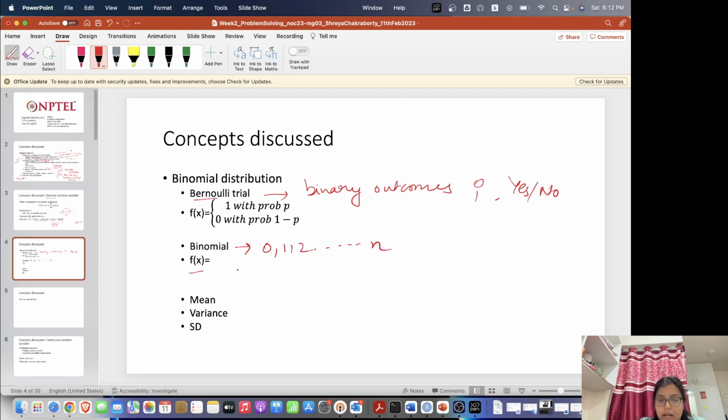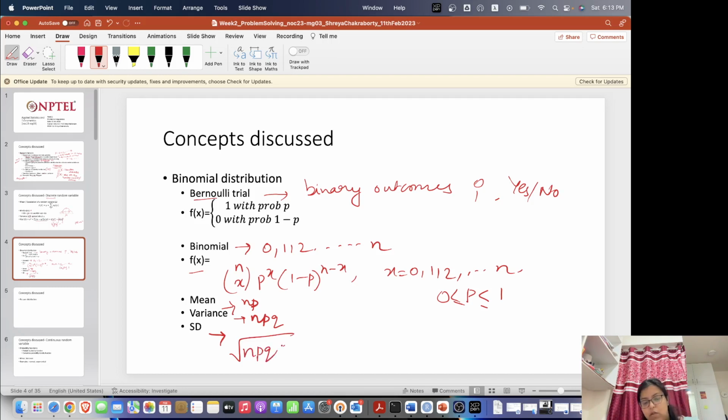The mass function is nCx p to the power x (1 minus p) to the power n minus x, where x can take values 0, 1 to n, and p is the success probability, which can be between 0 and 1. The mean of a binomial is np, variance is npq, and standard deviation is the square root of the variance, npq. So what is q? q is 1 minus p.